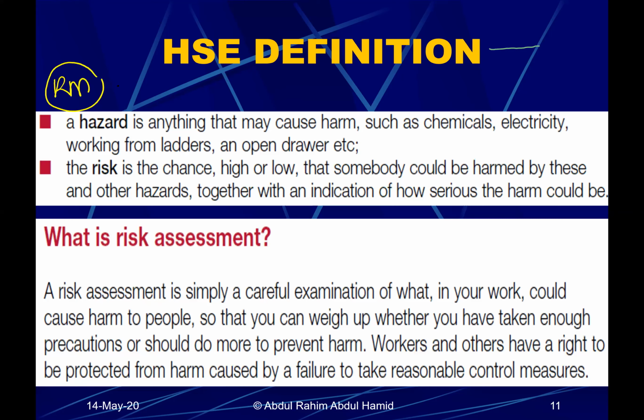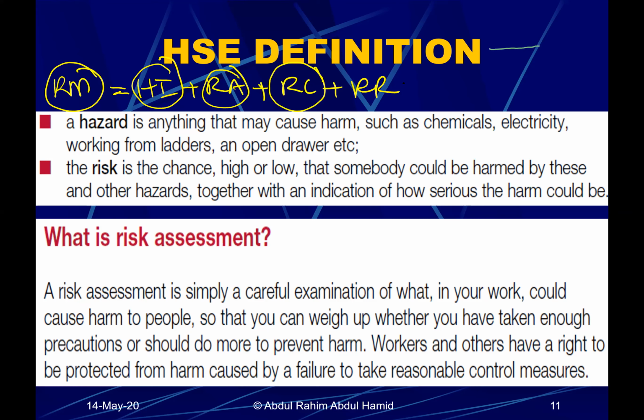RM is risk management, equivalent to HI plus RA plus RC plus RR. HI is hazard identification, RA is risk assessment, RC is risk control, and RR is risk review. When you combine these 4 elements or 4 processes, this is what we call risk management.